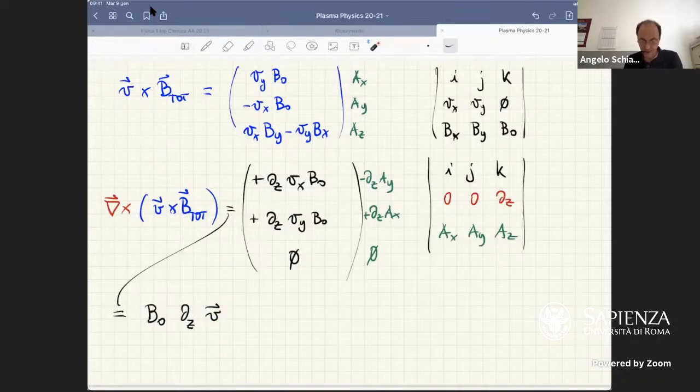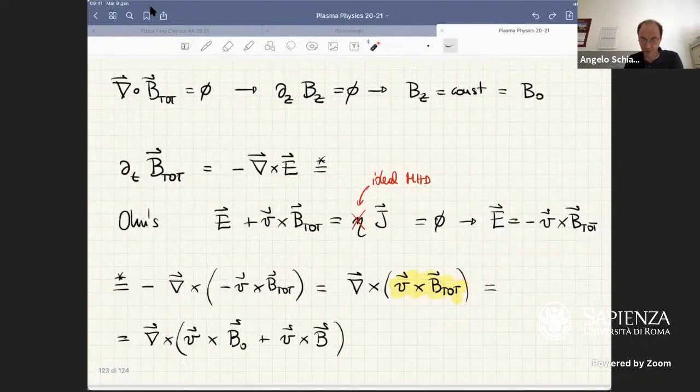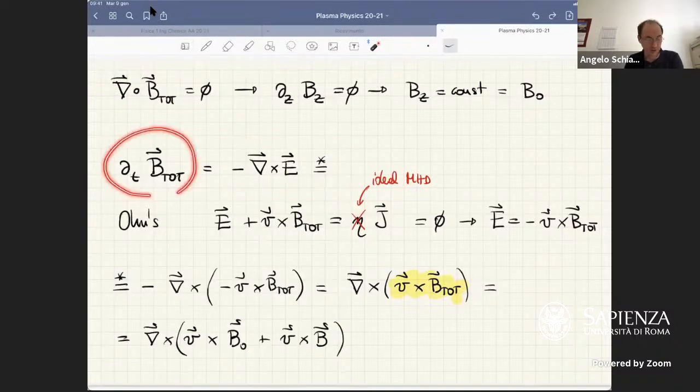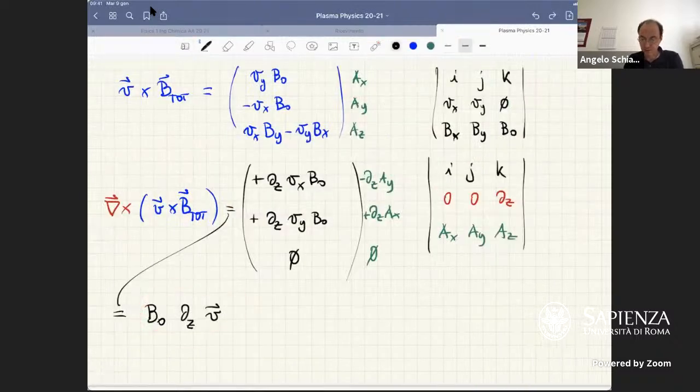And we see that actually we can plug everything together and see that this term was the Faraday equation. So our Faraday equation, this one here, can be written as the derivative of B dot equals this term here. Let's focus our attention on the derivative with respect to time of B dot. Sorry, not the total, the derivative with respect to time. I swapped total with the derivative.